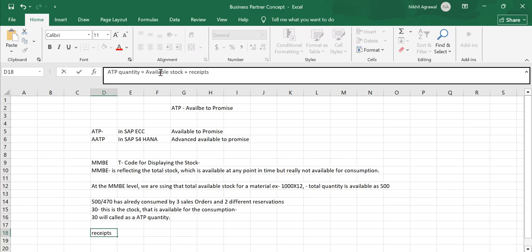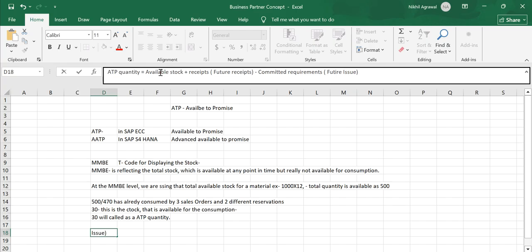Receipts means future receipts, minus committed requirements. Committed requirements means future issues.